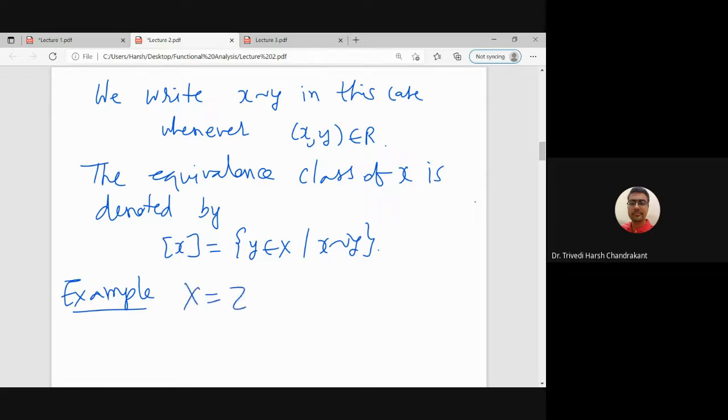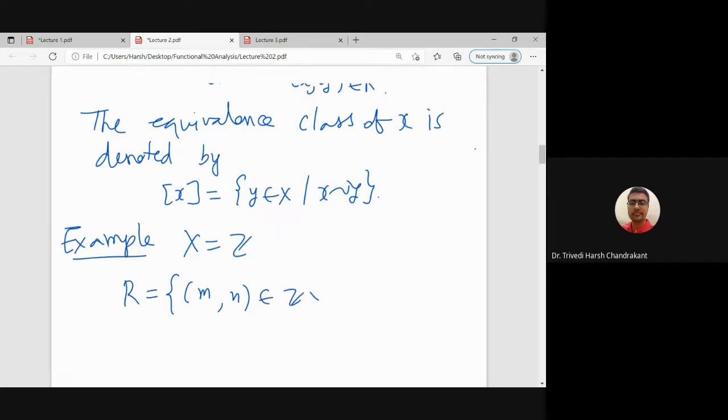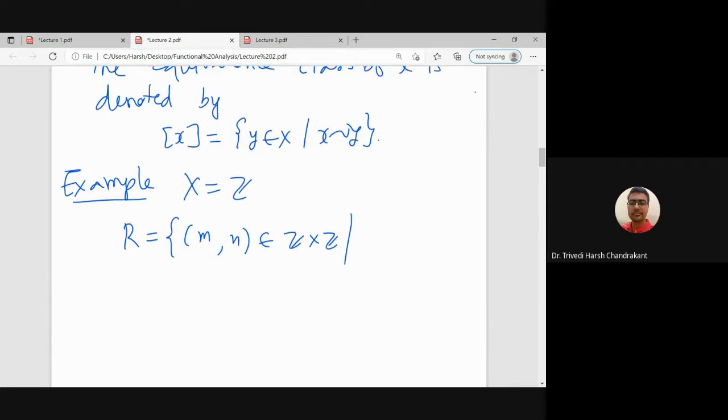What is the example? There are several examples. First example is, we consider the set of integers as X. So what is the relation? Relation is a subset of X cross X, and X is Z in this example. So that means we are taking two integers which satisfy a certain property.